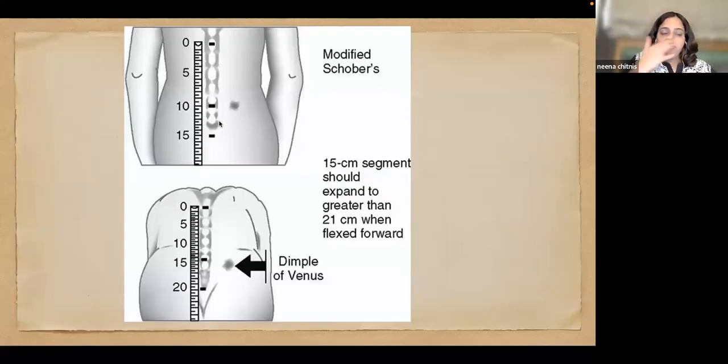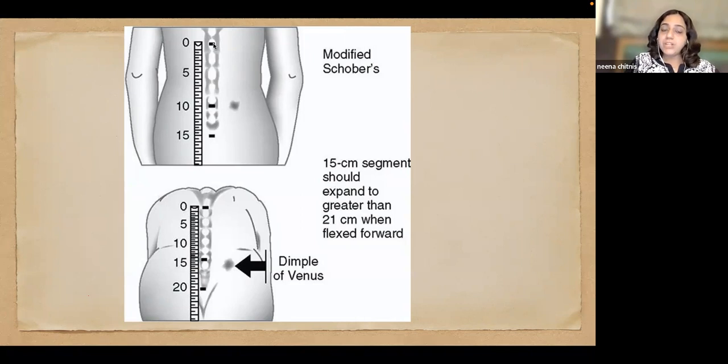So if you're actually doing the examination of the spondyloarthropathy, you will need to do the modified Schober's test. In this, what you will do is point the midpoint between the PSIS. So take the midpoint, take a tape and take 15 centimeter above this point and mark it.